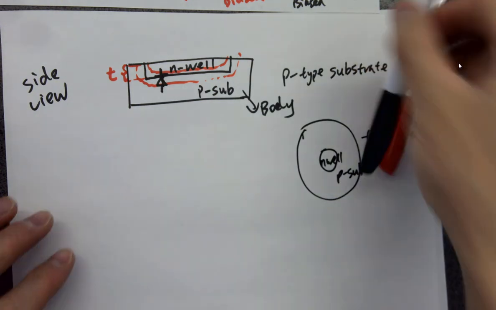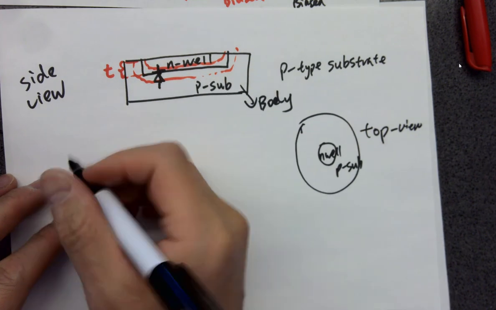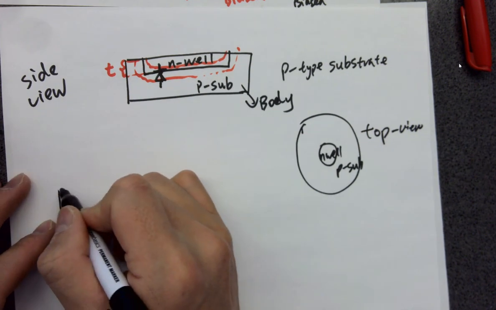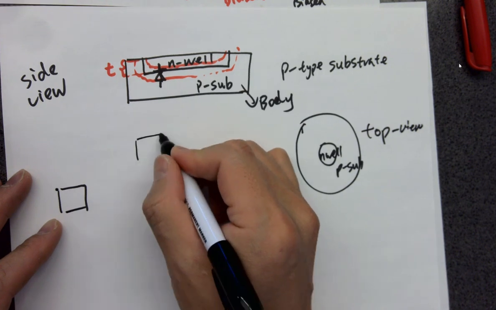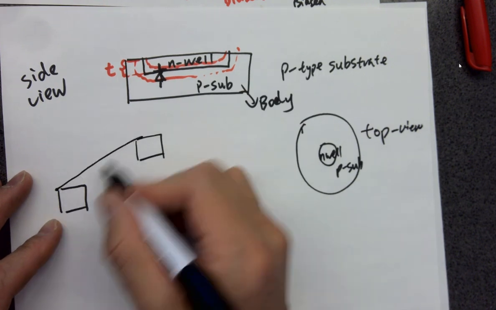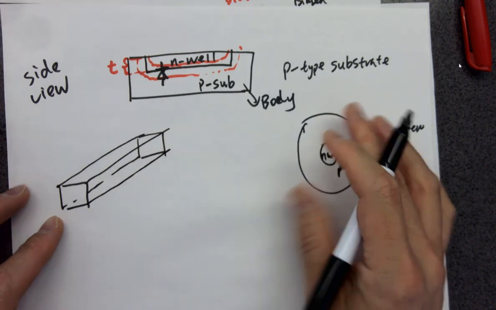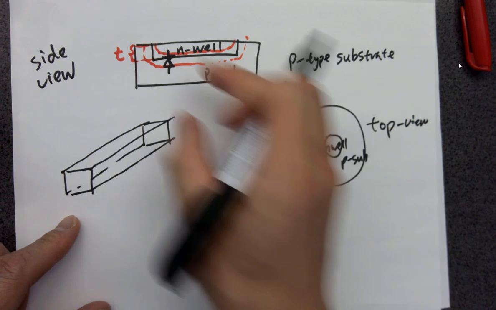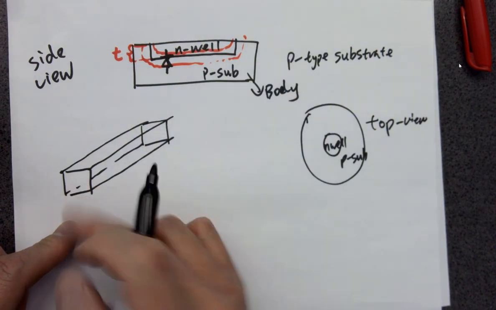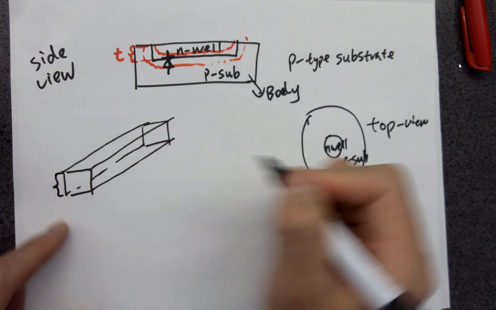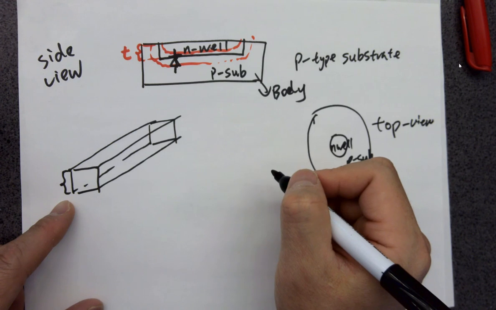So in that case, for example, I'm drawing a rod of an N-well. It probably looks like this. Like this, okay? So we take this N-well out. It probably looks like this. So what is this dimension? Depth, right?